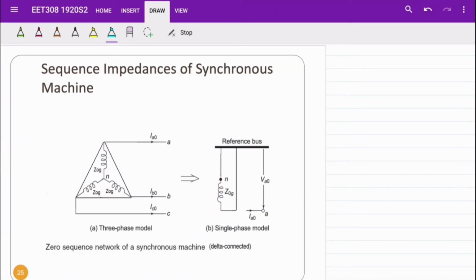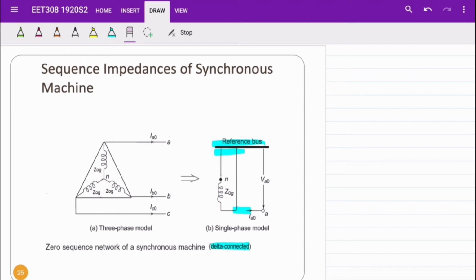The last synchronous generator zero-sequence network connection is delta. For this connection, both ends of the zero-sequence impedance will be connected to the reference bus, and there is a gap between the zero-sequence impedance and node A, as shown in figure B. To make it easier to understand, we can redraw the single-phase diagram.